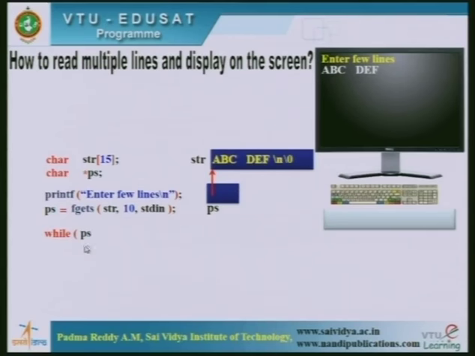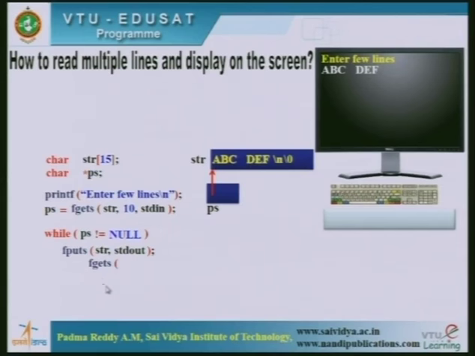Next, while ps is not equal to NULL. Is ps NULL? No, because it is pointing to this. Let us enter into the loop. Here we say fputs str comma stdout. What does stdout stand for? Standard output. So str is sent to the standard output, meaning abcdef should be displayed onto the screen.